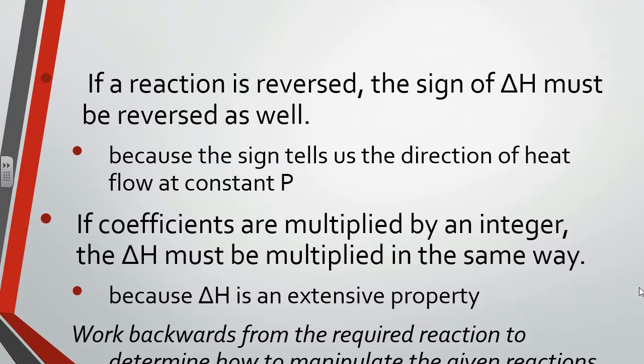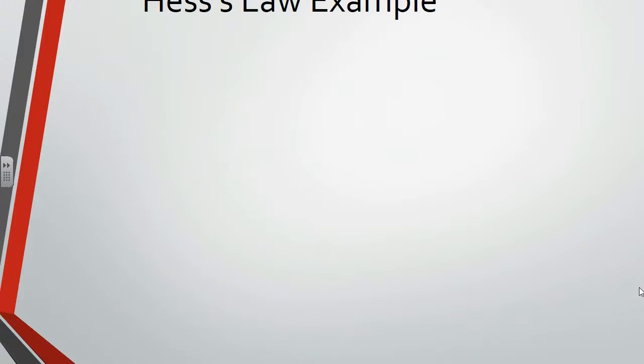From the required reaction is where you want to start. How do I manipulate the individual smaller reactions? Well, let me look at my big overall reaction, and that will give me a feel for it. Okay, get those rules down.